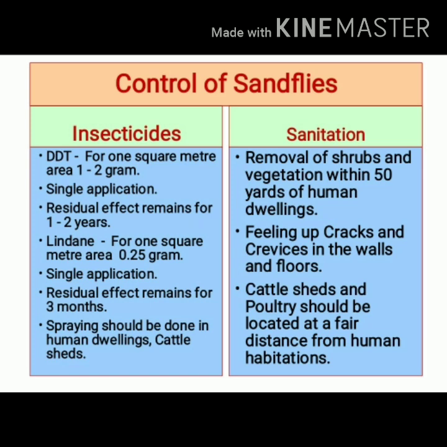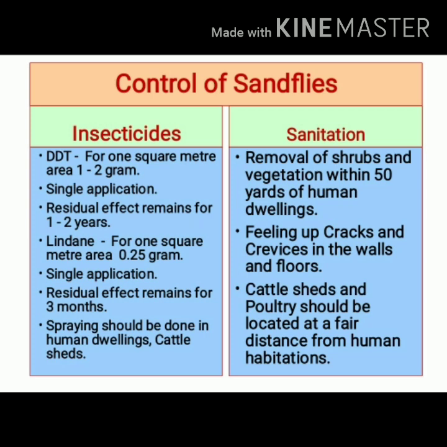Another insecticide that we can use is Lindane. Its dose is 0.25 gram for 1 square meter area. Even single application of Lindane is recommended, but its residual effect remains only for 3 months.